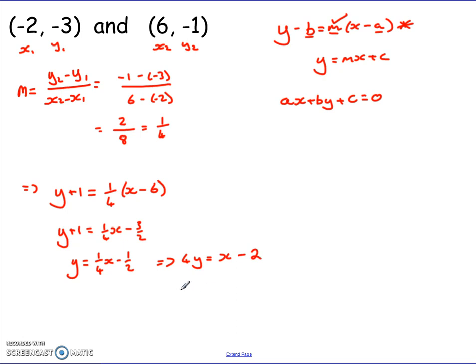Plug it all together on this side across here, and I get 4y - x + 2 = 0. So I could have either version of that as the equation of my straight line. Depends on how it asks you. Sometimes if it says the general equation of a straight line, it's this one that it's after.